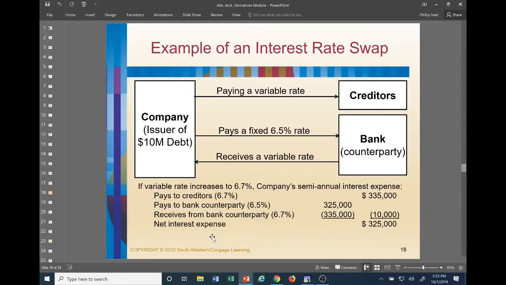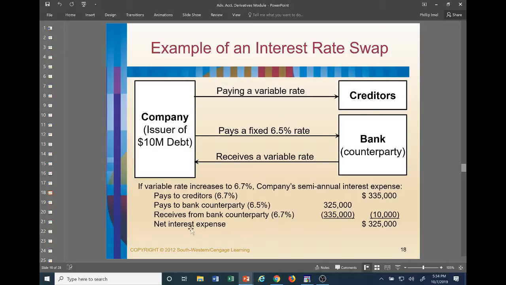Now the fixed interest paid to the bank is going to be the 6.5% rate times the $10 million times half a year, which is going to be $325,000. Now the variable interest received from the bank is going to be the 6.7% times the $10 million times half a year, which once again gives us $335,000.